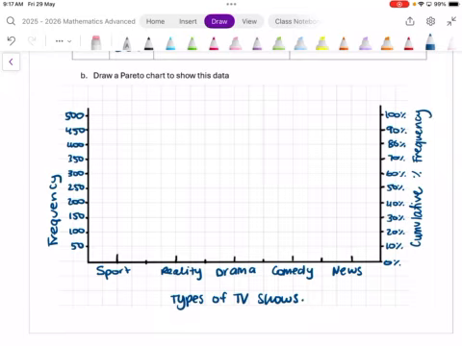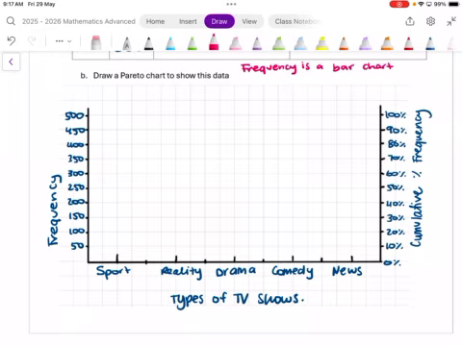Okay, now has everyone got their axes set? So what we'll have is we're going to do our frequency as a bar chart. Okay, so it's a histogram, but we're not leaving those gaps like we normally do and we learned about last lesson.